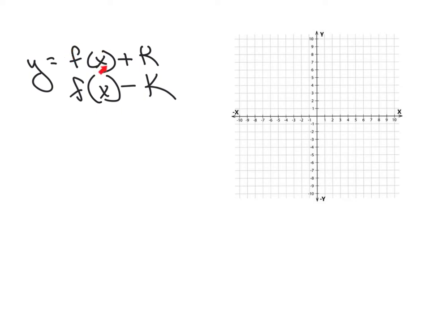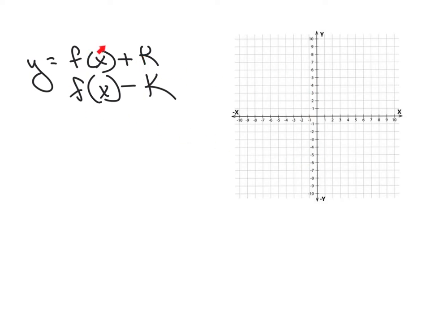If we have any x that has an exponent of 1, it can't have a 2 or 3 or a 4, and we add k to it, or we add a number to it, this means that it will go through a number up here, and the minus means that it will be below the x-axis. So the f(x) means it goes through here, and the plus k means it goes up here, and the minus goes down here.